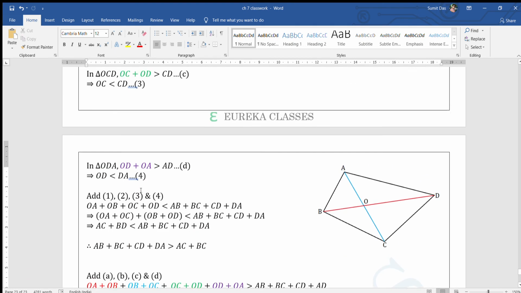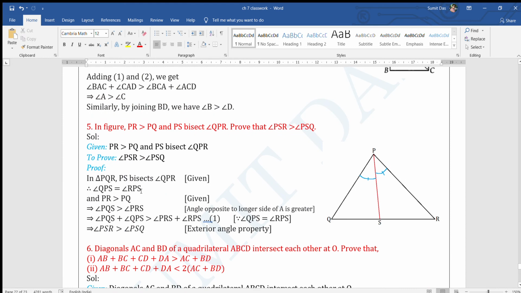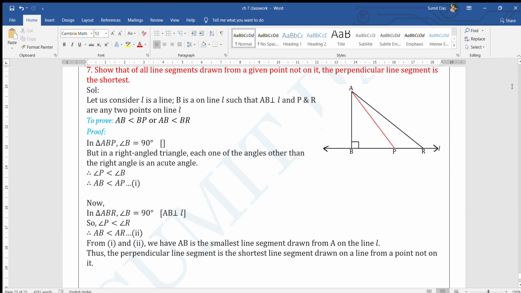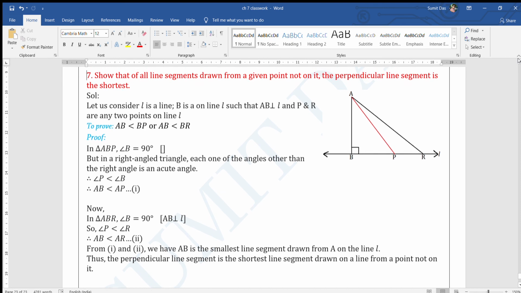Question number 7 is saying, show that of all the line segments drawn from a given point not on it, the perpendicular line is the shortest.